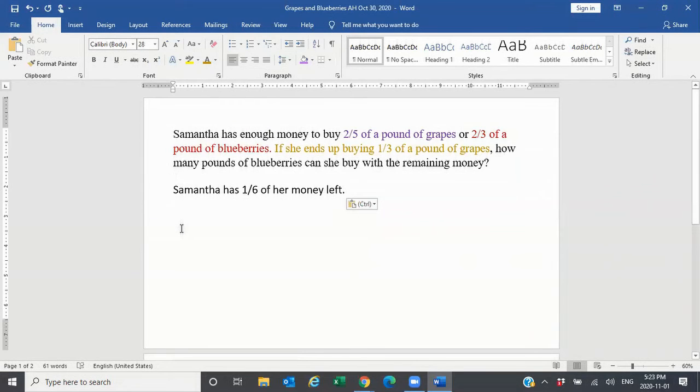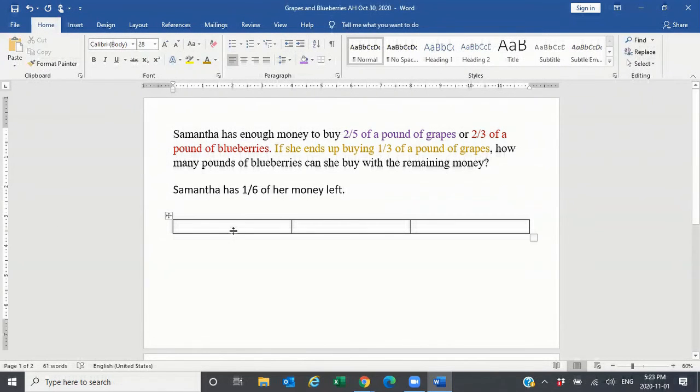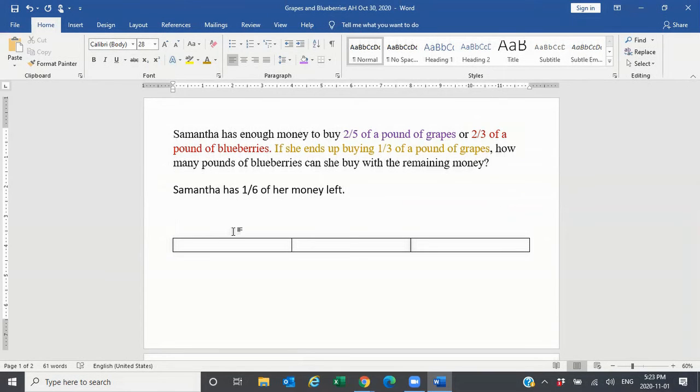So now to make another table, I'll do it in 3 parts since the pounds of blueberries are divided into thirds. So I'll write this table, this rectangle before. 1 pound rectangle represents 1 pound of blueberries.